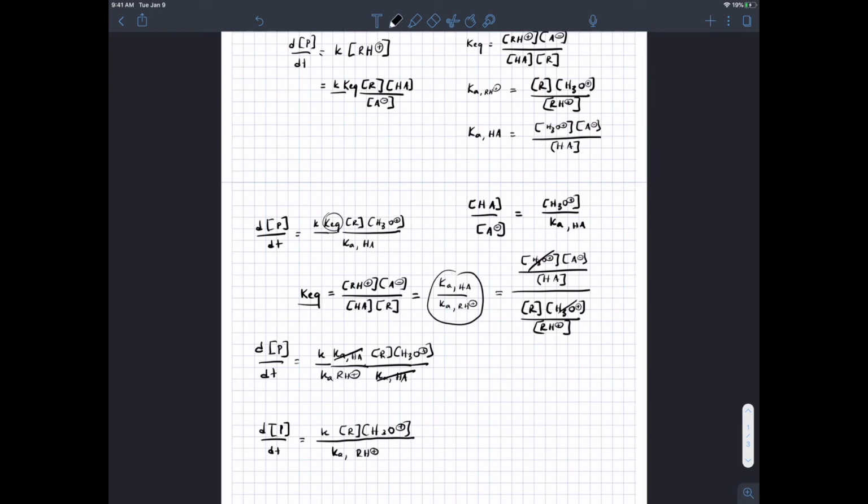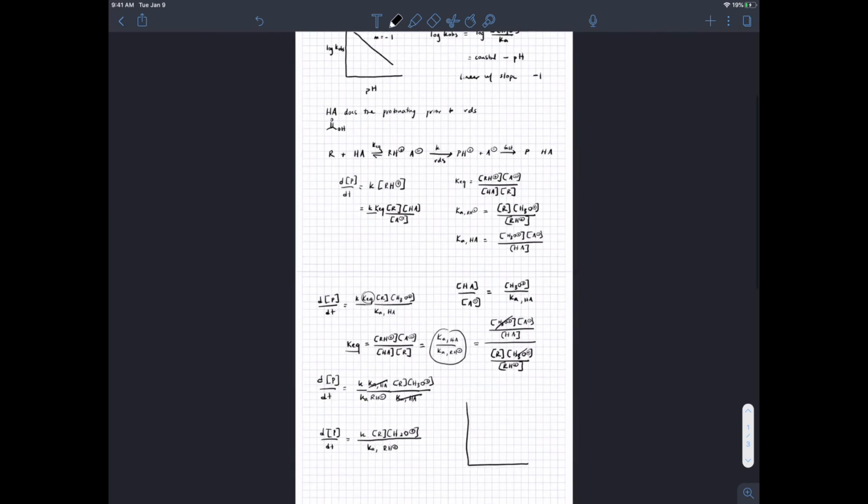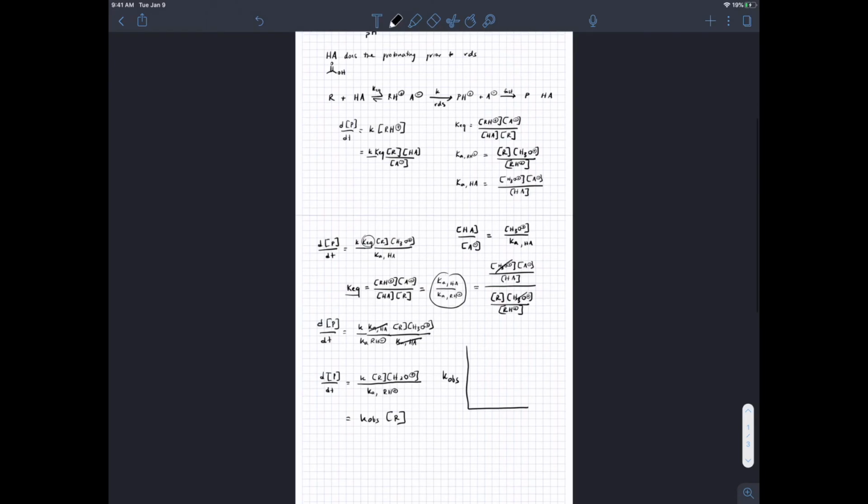And this is reflected in an experiment where you could take the rate of the reaction, K obs. Remember how we simplified this into a pseudo first order equation where K obs equals K times H3O plus divided by Ka of our protonated starting material.